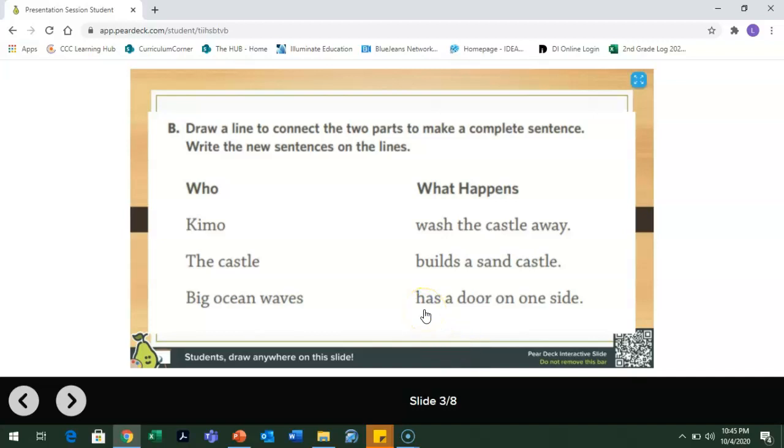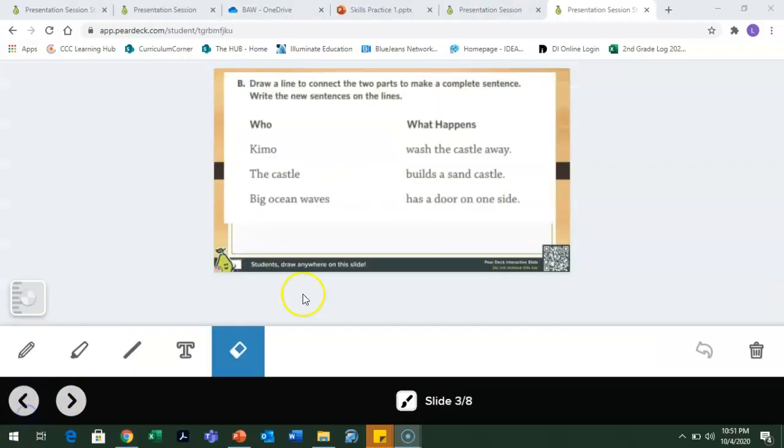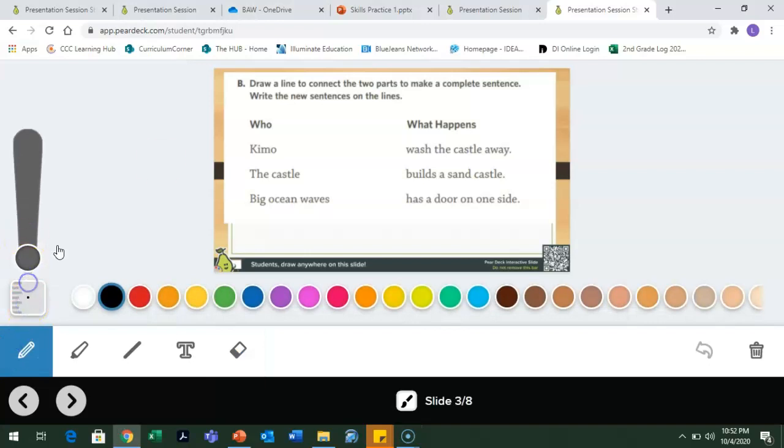So we're going to draw a line to connect the 2 parts to make a complete sentence. So it says, who? Remember, this is the subject. Now, boys and girls, remember that we know that this is the predicate. So let's read the instructions. It says, draw a line to connect the 2 parts to make a complete sentence and write the new sentence on the lines.